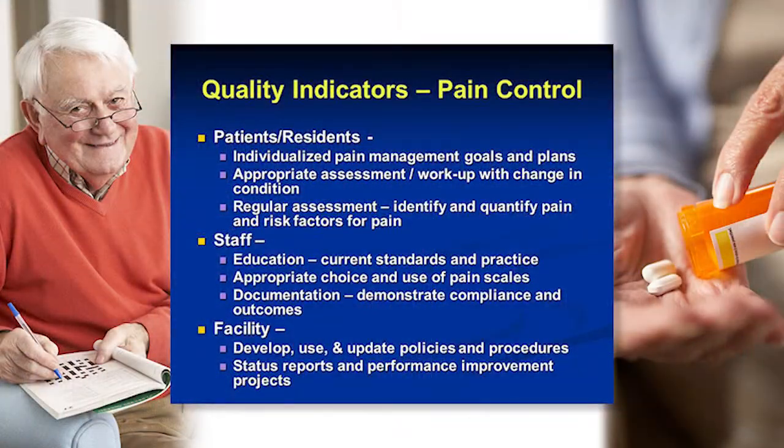There are indicators related to the residents and the patients that we're caring for, especially at times what comes to mind at end of life, where we're trying to maximize the comfort of this individual and still leave them with a level of activity that is within their goals and plans that they have for themselves at that time in their life. Where we want to use appropriate pain management to relieve the pain and give them the comfort they seek, but yet leave them active enough and cognitively intact so that their families might still be able to interact with them at this very important time.